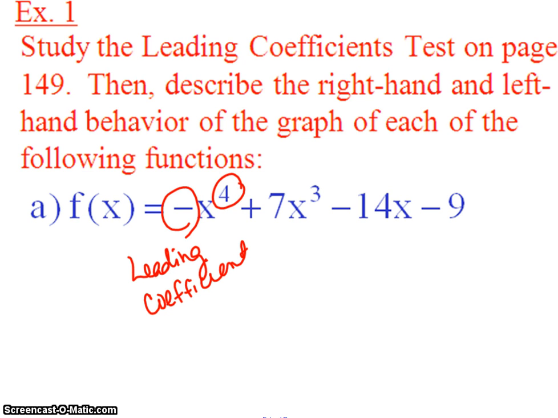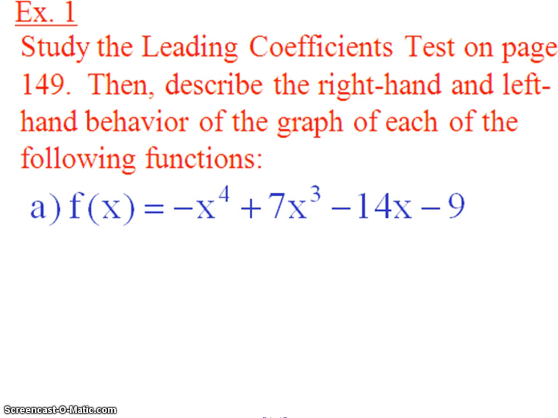So this is a quartic. The best thing to do here is sketch the graph, and it would look like an M. And let's go ahead and find the left hand and right side behavior.